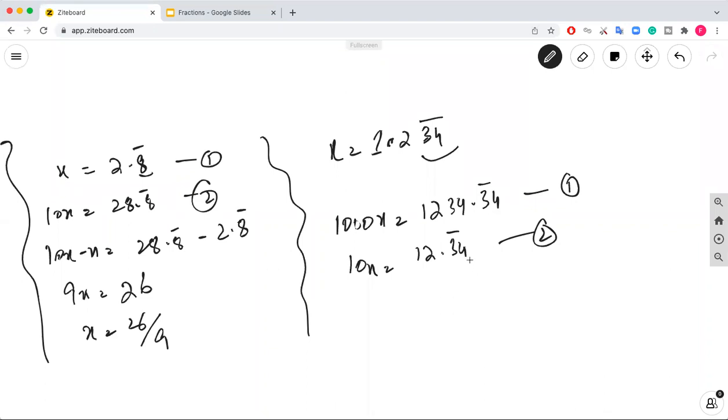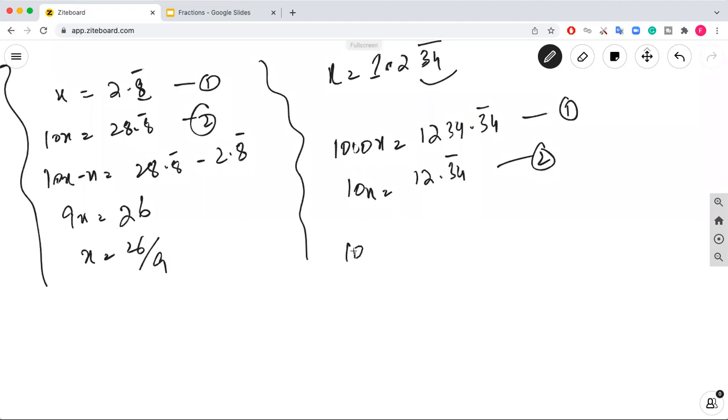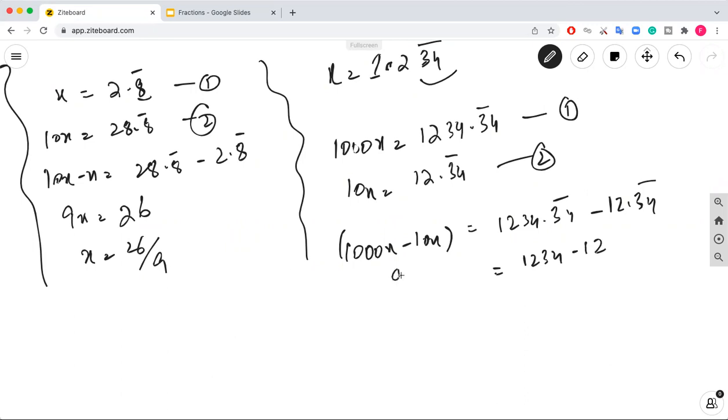And next time I multiply with 10, so again I am having a repeated pattern on the right side. Now if I subtract this, 1000x minus 10x is equal to 1234.4 bar minus 12.4 bar, right? And this will be 1222 and this is 990x, right? So x is 1222 over 990, and you can even reduce this further as much as you need.